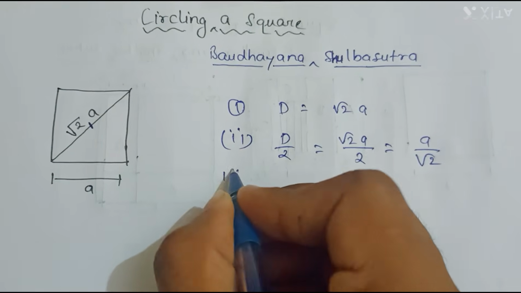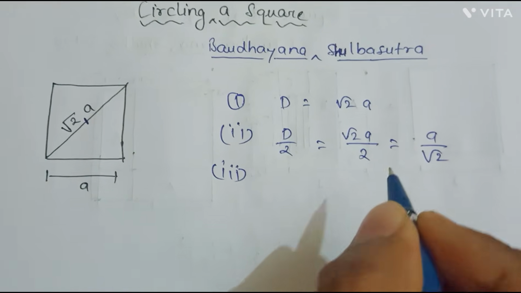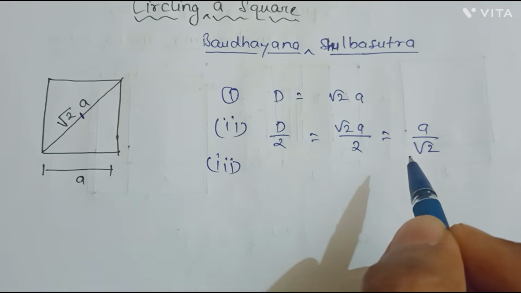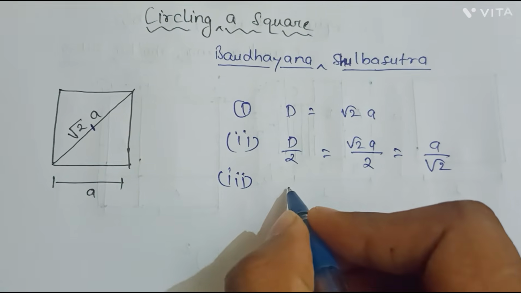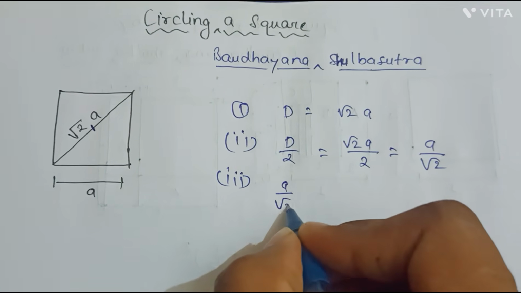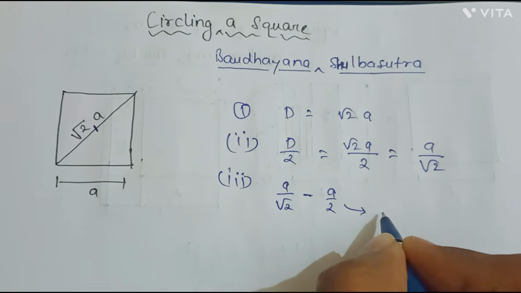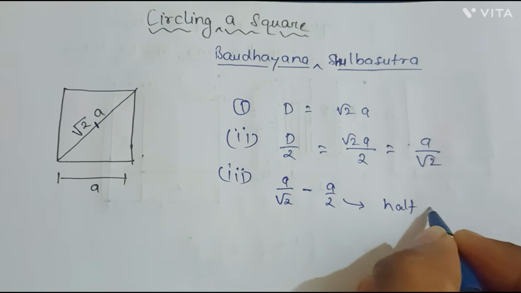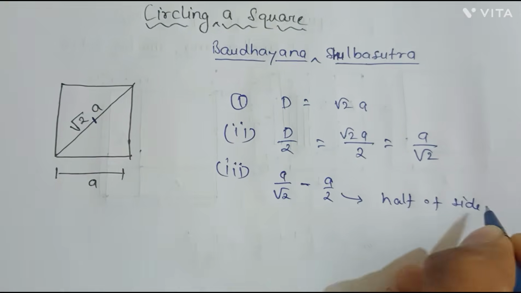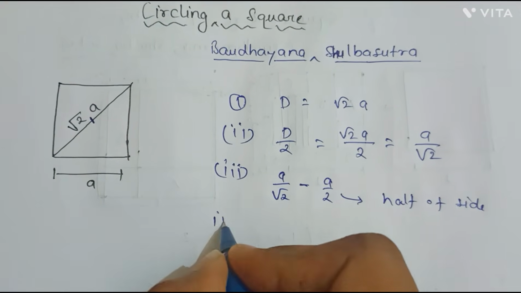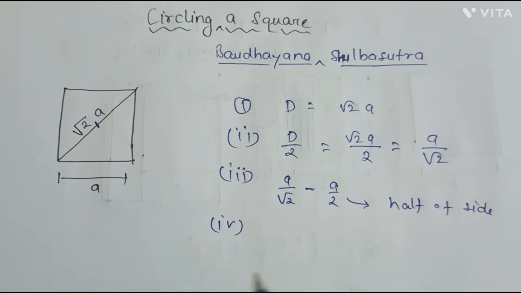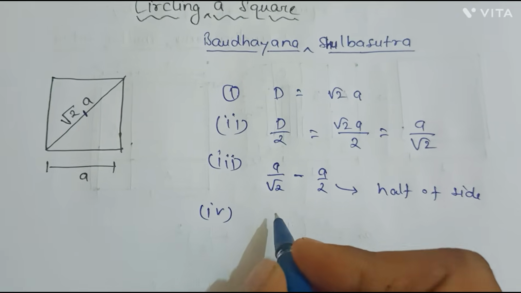Now the third step is to subtract the half of the side from this value a by root 2. So the third step will be a by root 2 minus a by 2, that is half of the side. Now our fourth step is to divide this whole by 3.